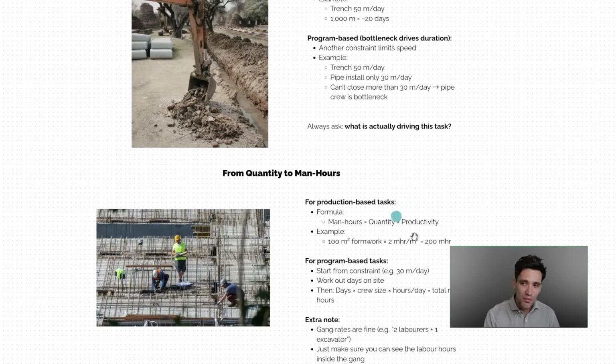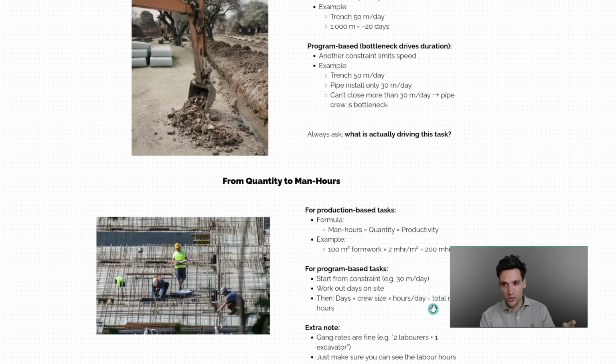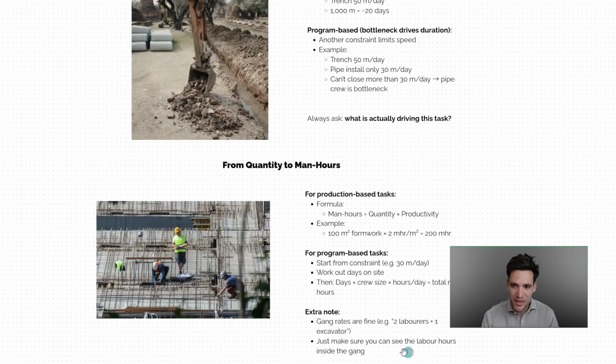Again, if it's a program-based task, not a production-based task, simply, instead of using the production for the task, you use the program constraint. Example, pipe install is 30 meters per day, which gives you the total man hours. So a little thing to pay attention to: for the formwork example, because it's one person doing formwork, I'm talking about that individual. Often you'll have to do this using a gang rate. A gang rate would be some combination of resources like labor and plant.